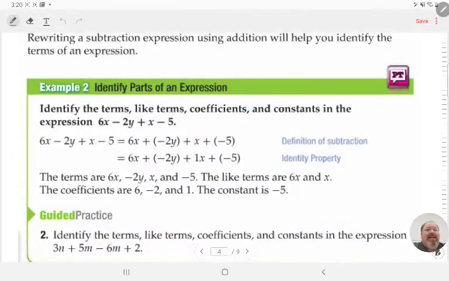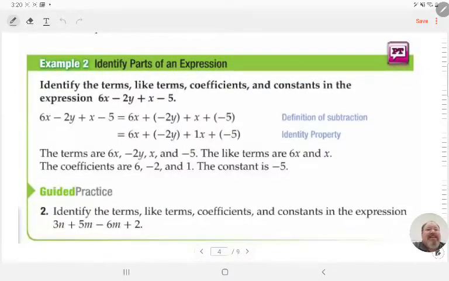So rewriting subtraction expressions using addition will help you identify the terms of expressions. For example, it says to identify the terms, the like terms, the coefficients, and the constants in the expression 6x minus 2y plus x minus 5. We're not solving anything, we're listing the parts of the expression. Now, to help you know where the signs go, I could change this to an addition problem.